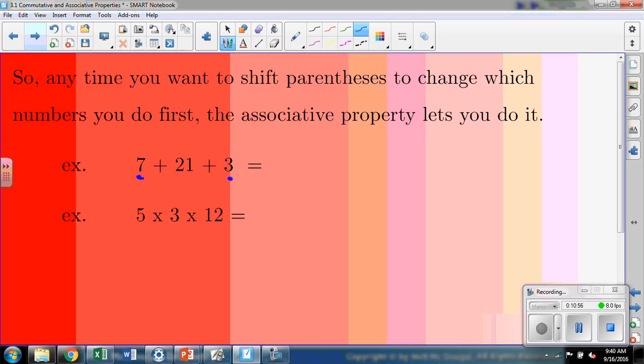So we'll start by using the commutative property and flip them. Commutative property flips. Then the associative property groups them. 21 plus 10 is 31. We'll put the easy numbers together.